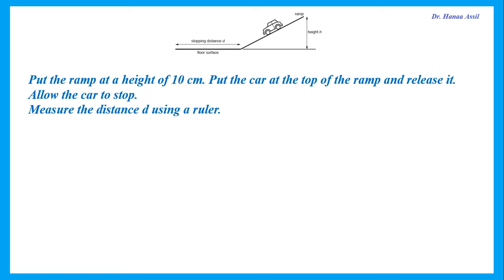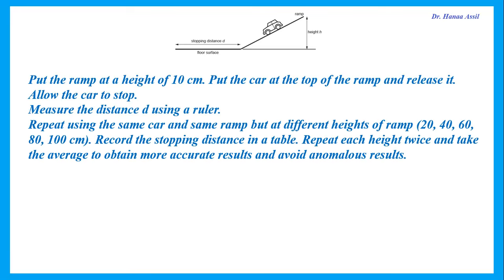We want to see the relationship between height and the distance the car will need in order to stop. So we're going to put the ramp, for example, at a certain height at the beginning. Put the car at the top of the ramp, release it, allow the car to stop, and measure the distance using a ruler. Then you're going to repeat using the same car, the same ramp, but at different heights, for example, 20, 40, 60, 80, 100, and so on.